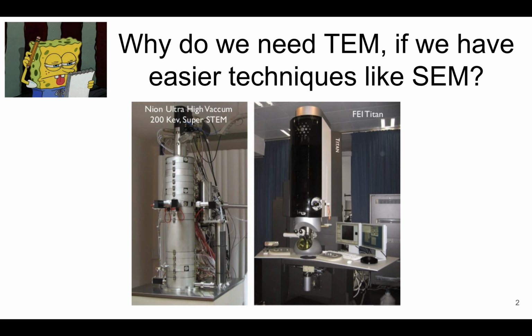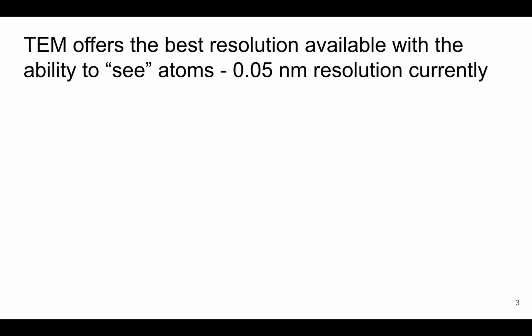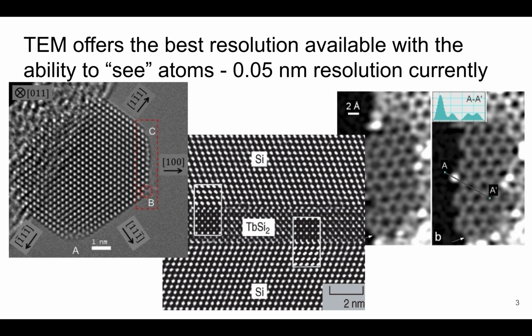All right, so let me give you some of the reasons I think that TEM is extremely useful, even though we have easier techniques like SEM. The first one is that SEM has very good resolution, but TEM is better. It is so good, in fact, that we are more or less able to see atoms.